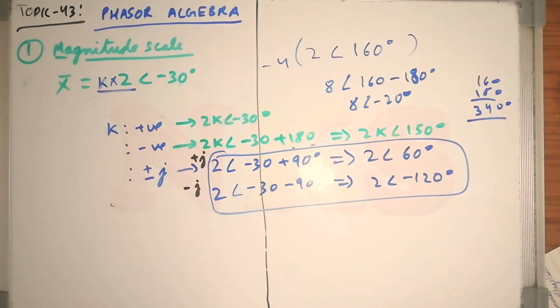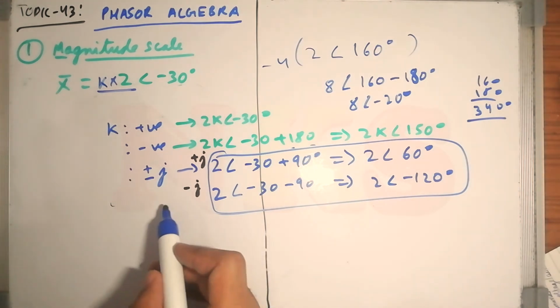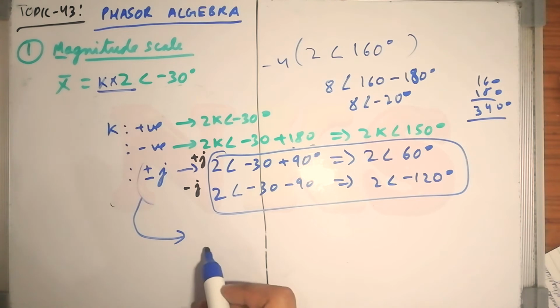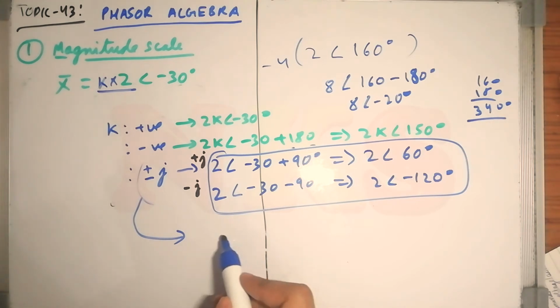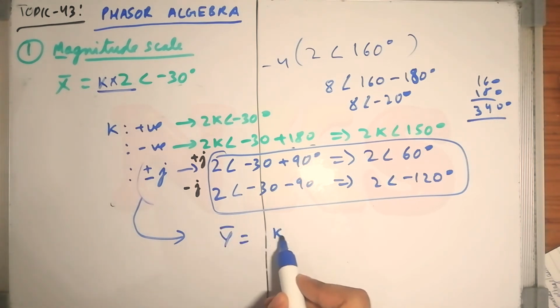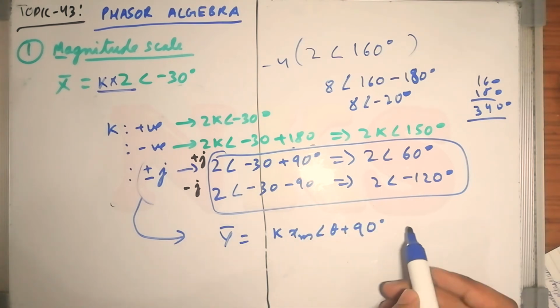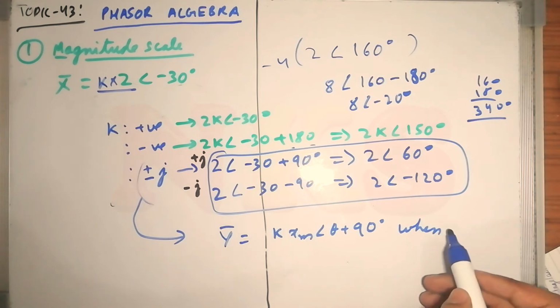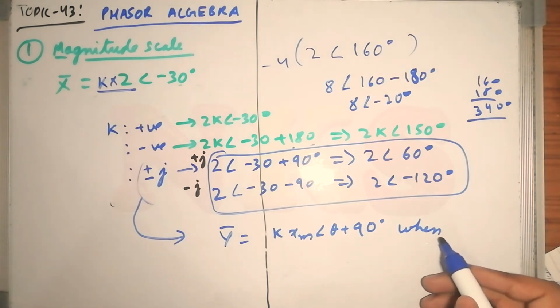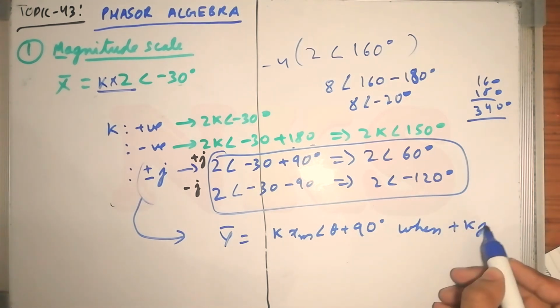If I can generalize this, I can generalize it in this fashion. Y bar is equal to k Xm at an angle theta plus 90 degrees when multiplied by plus kj.